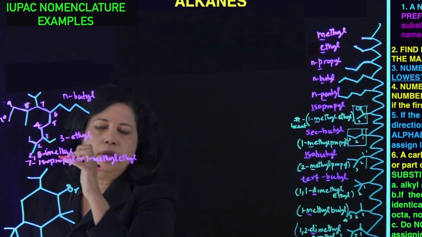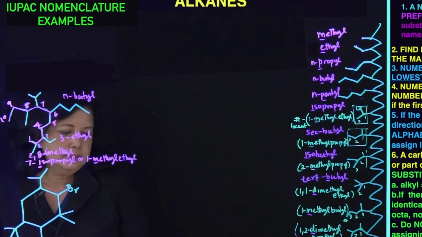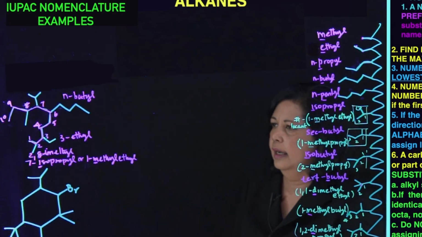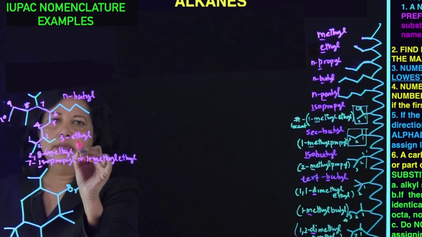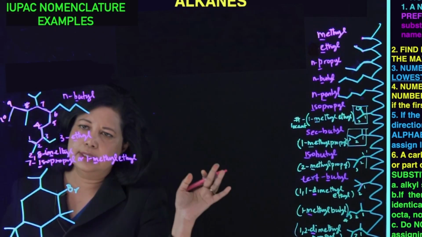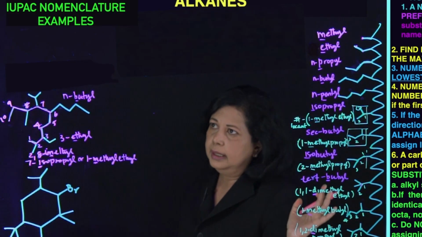Now they both have different alphabetizing. I for one, M for the other one. And here is M, here's E, and here's B. Obviously, we're going to start with B.